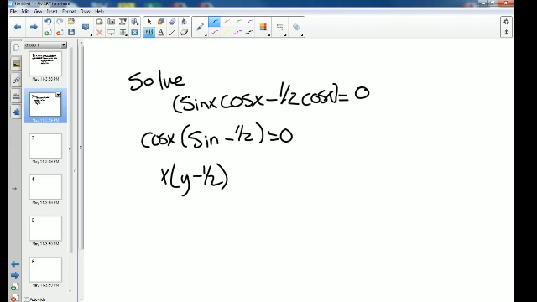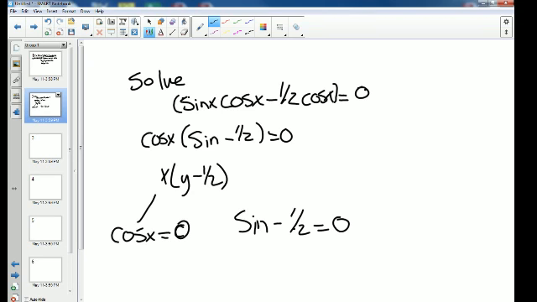So you're going to take cosine x and set it equal to 0, and you're also going to have sine x minus 1/2 equals 0.